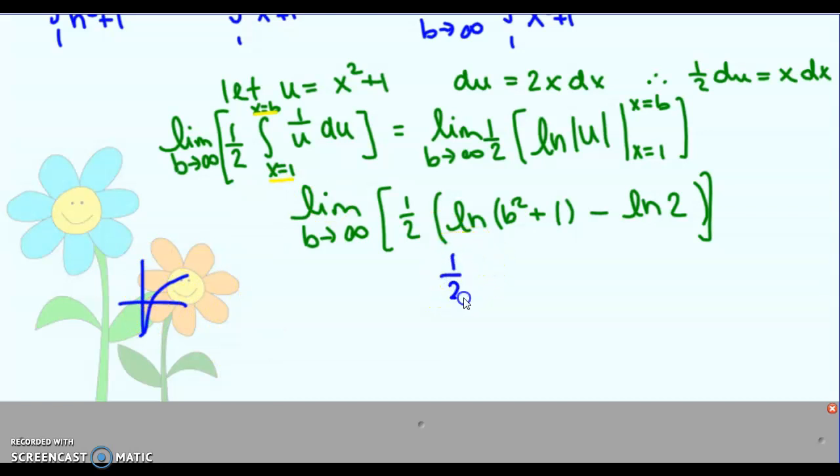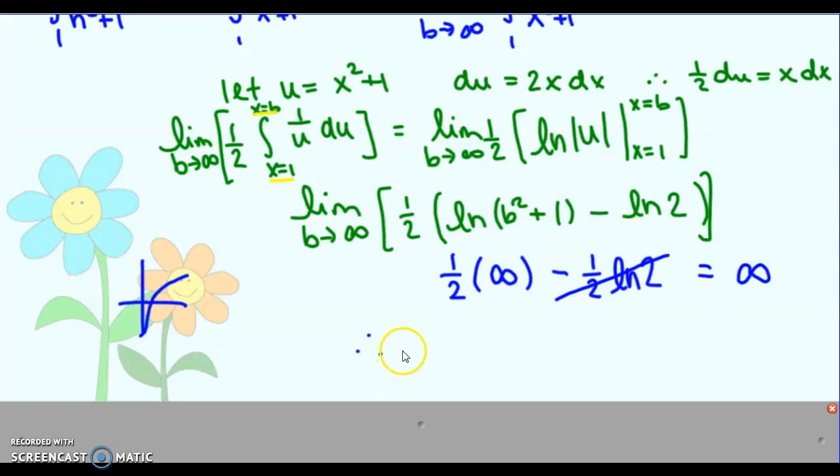So this would be 1/2 of infinity, which is still going to keep going bigger and bigger with every passing second. And then we've got 1/2 of the natural log of 2. So as this gets larger, this gets infinitely smaller and doesn't do as much to our value of infinity as we get, since infinity is not really a number that we can talk about.